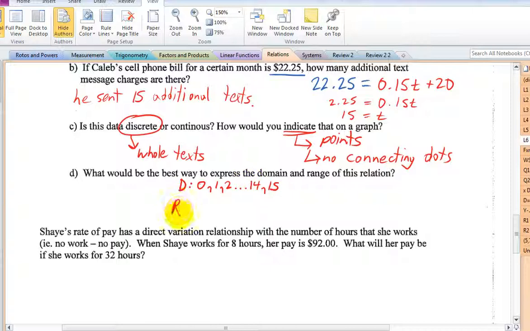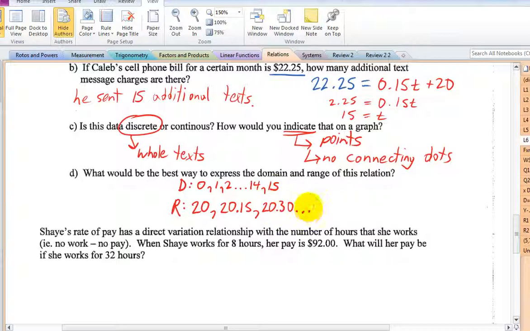What about the range for our graph? What did we start with? Yeah, tricky, isn't it? We didn't start at 0. Dude has to pay 20 bucks if he does nothing with his phone. Then after that, what is it? $20.15. Then $20.30.